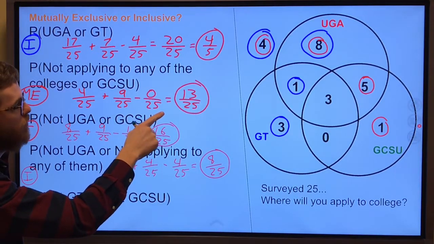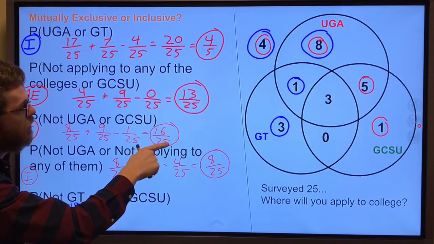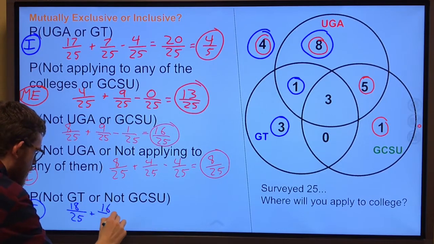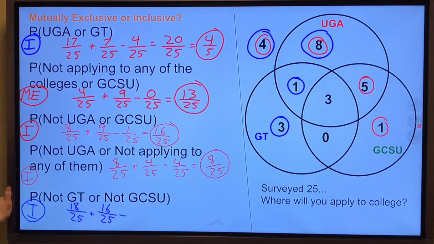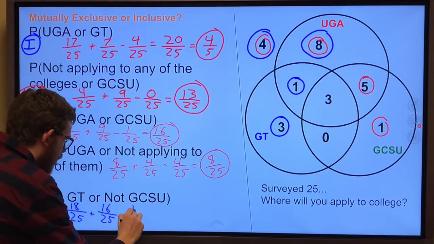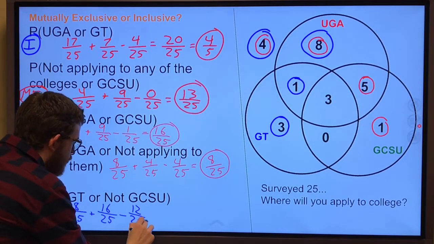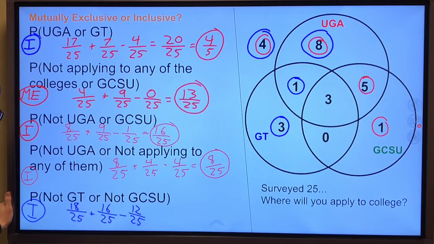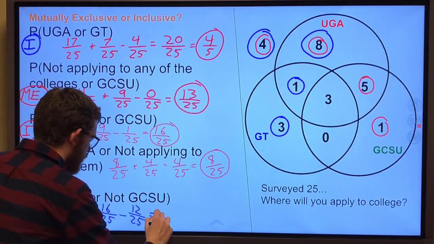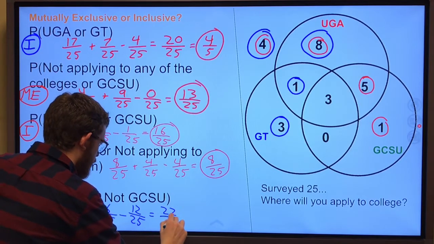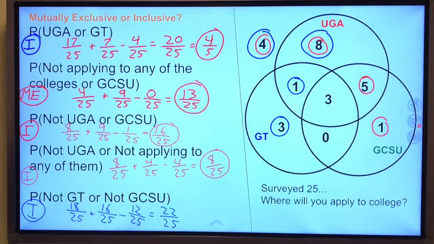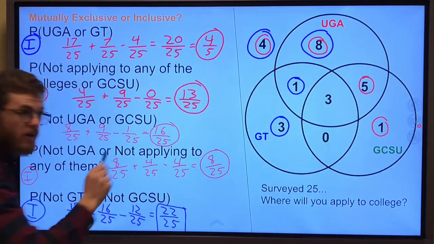So that's 12, 13, 16 out of 25, and we are going to subtract away the overlap, which is that 12 out of 25, the ones we circled twice over there. 16 plus 18 is 34. Subtract away 12. This gives us 22 out of 25. Can't reduce, so we leave it the way that it is. That's our probability.